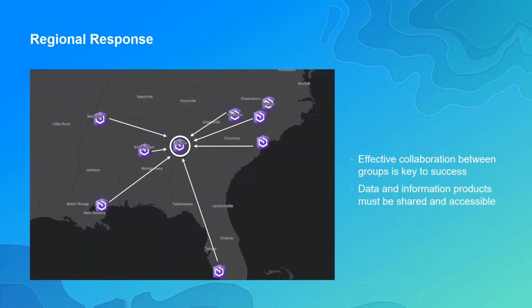So why is this important for regional response? I started here at Esri in 2005, and about 2 months into my time at Esri, Hurricane Katrina happened, and collaboration capabilities didn't exist. In fact, iPhones didn't exist when Hurricane Katrina happened. For many of you who have been involved in a regional coordinated response, you understand the challenges.